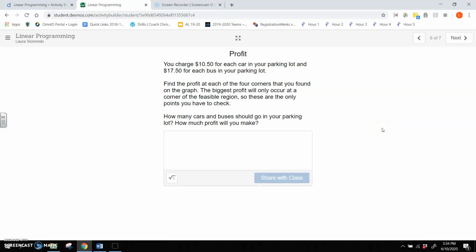So the next thing that you're going to be looking for in the word problem is how you make that profit. So in this case, it says you charge $10.50 for each car and $17.50 for each bus. And it says find the profit at each of the 4 corners. But really, if we're going to make $10.50 per car, that's $10.50x and $17.50 per bus, that will be the expression I use.